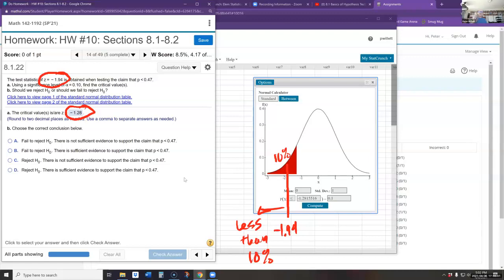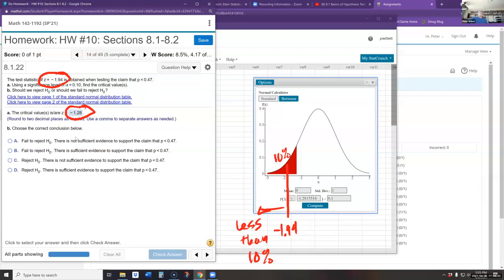There was less than a 10% chance that you would get this test statistic based on your sample if we assume the null hypothesis, which is that the actual proportion is 47%. If that were true, then this sample would be very unlikely. Because that's very unlikely, we say that's evidence to reject the assumption that it's 47% and instead support the assumption that it's really less than 47%. That's why we got a value so low.